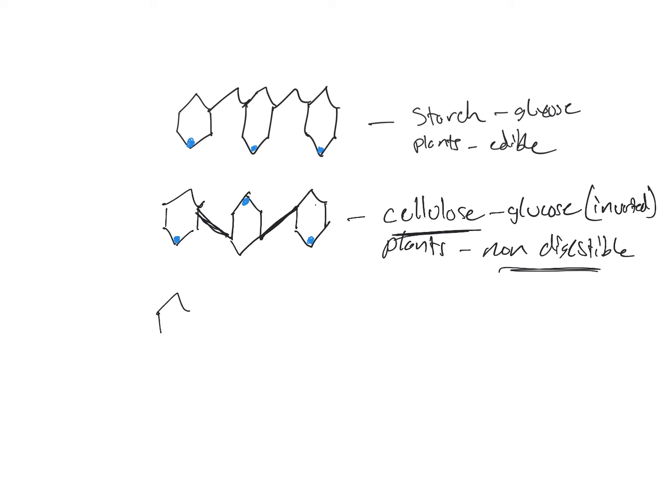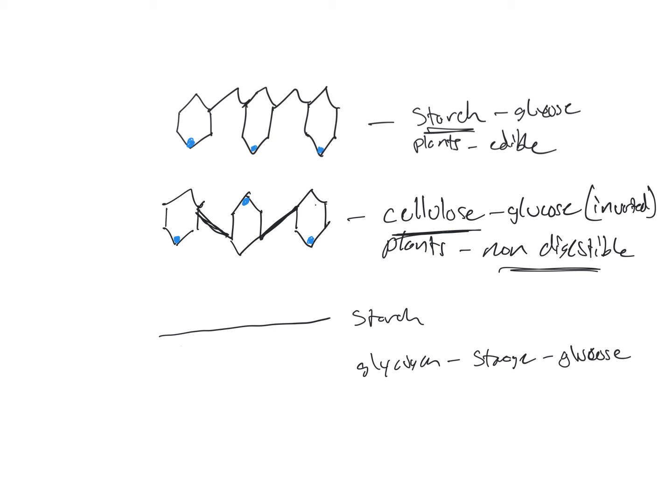Glycogen is pretty similar to starch, actually, except I'm going to erase this again. So what ends up happening with a starch will be like a long chain like this, made of glucose. Glycogen is a sort of short-term storage for glucose.